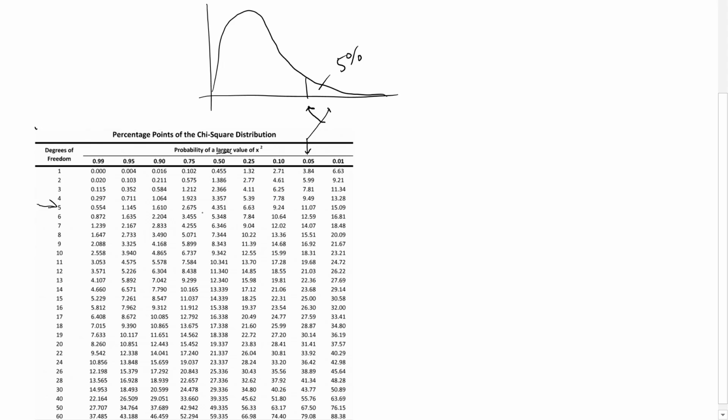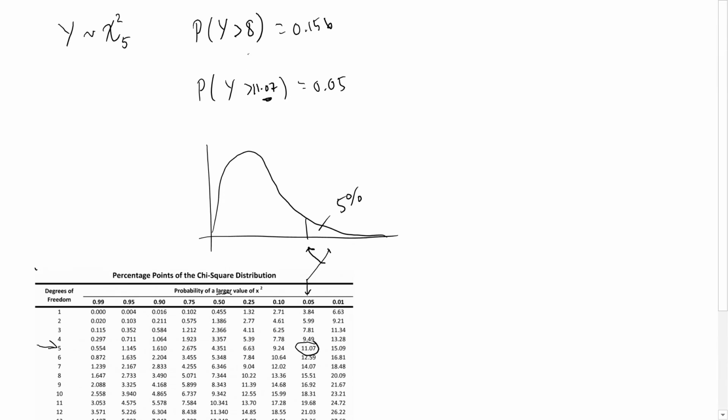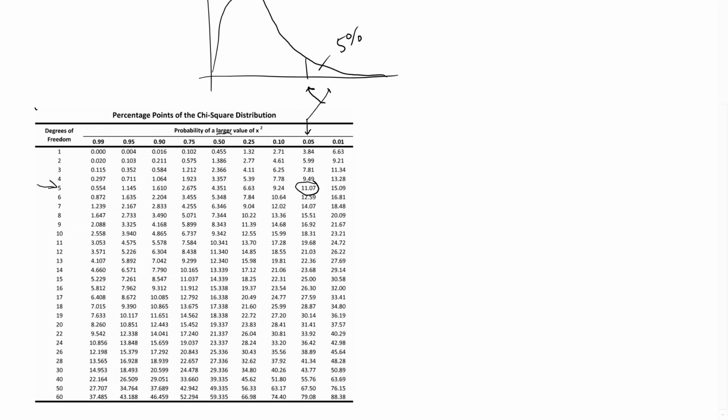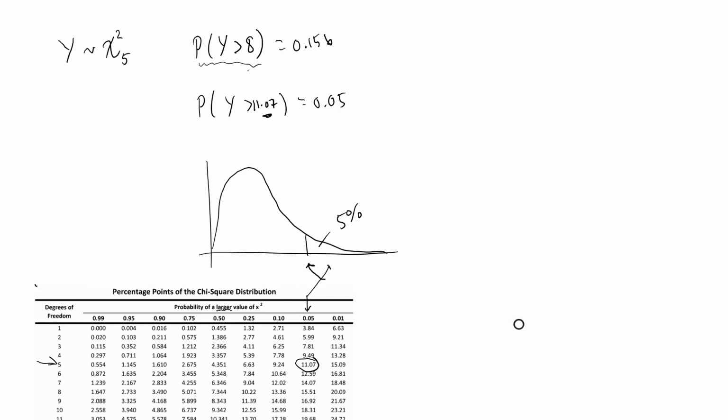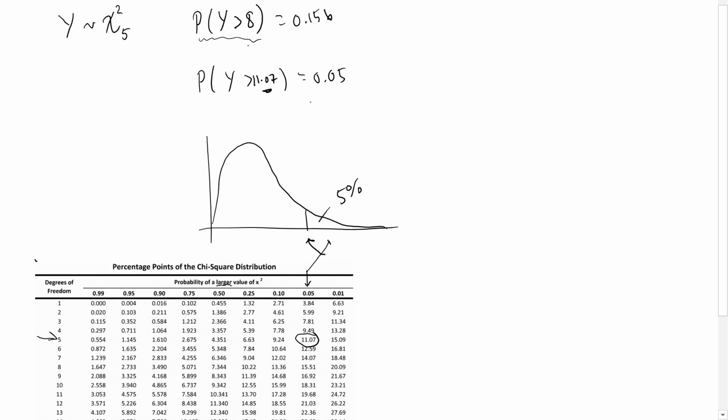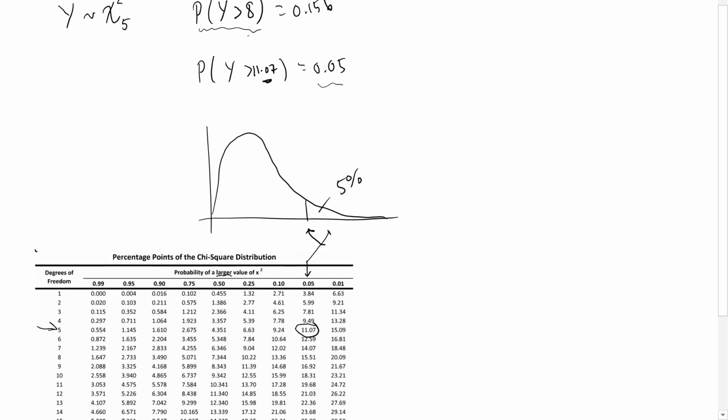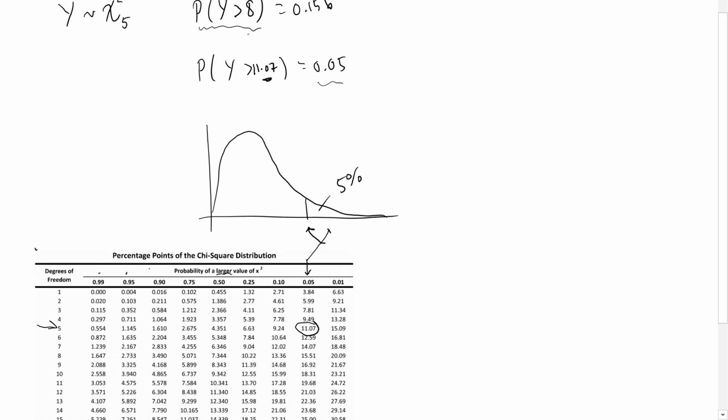We see that we get the number 11.07, which is the same we got from Excel. Note that the table in general can't answer questions like the first one. The table can only answer the inverse problems. That is, when we know the probability, and the probability is one of these common ones, then we can use the table.